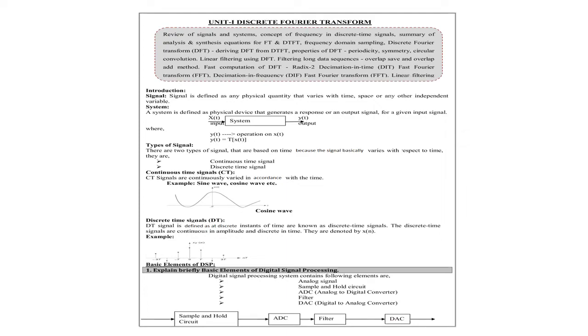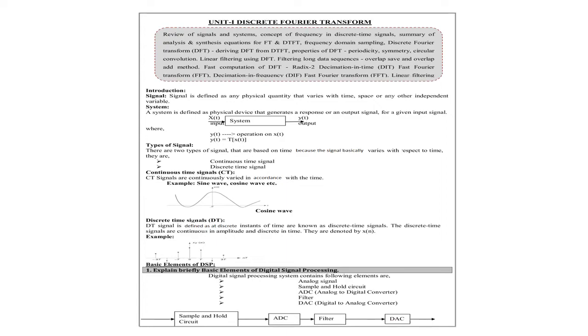There are two types of signals. One is continuous time signals and another one is discrete time signals. Continuous time signals vary in accordance with time, so they are known as continuous time signals. For example, we can see sine wave, cosine wave, etc., as examples of continuous time signals. The next thing is discrete time signals.